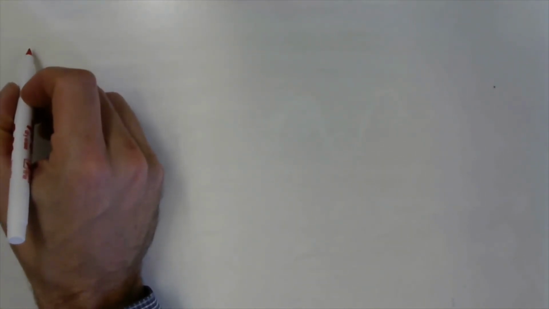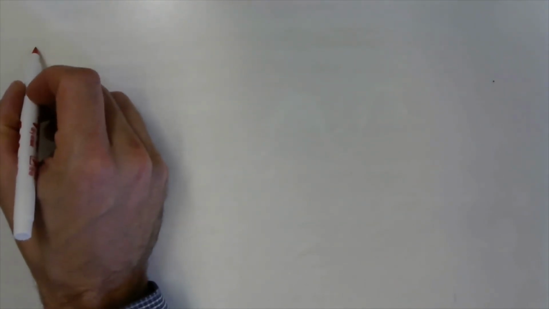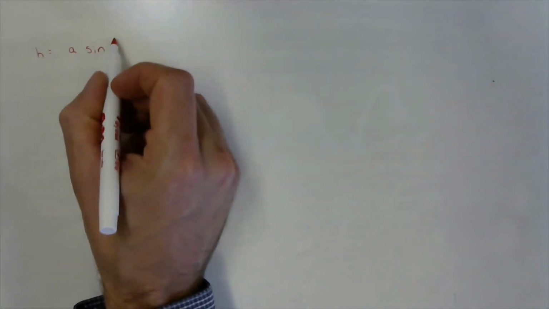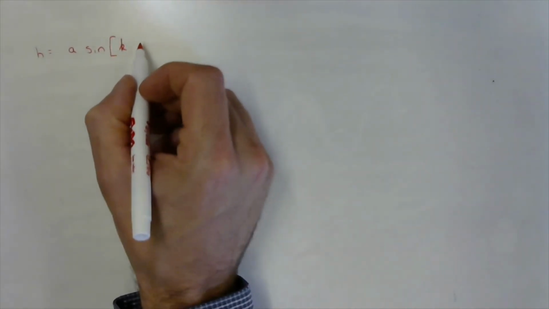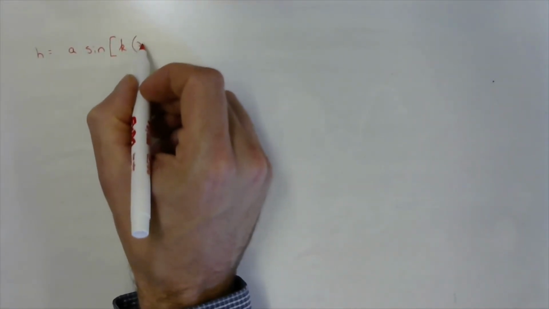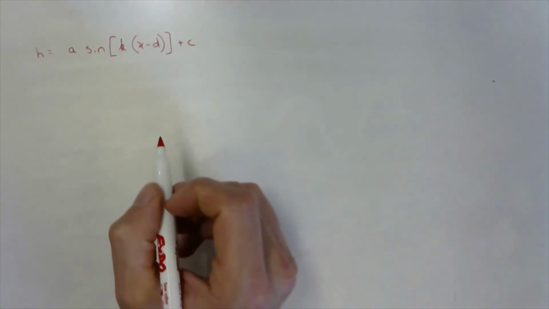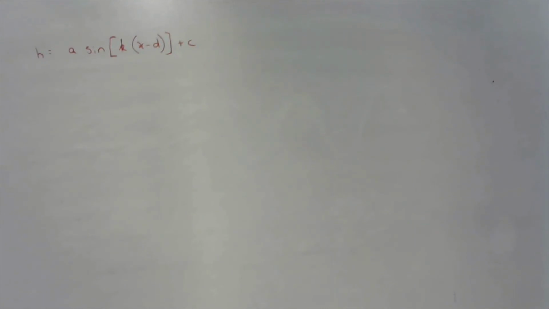Well, we're going to model using the form h equals a times the sine of k(x minus d) plus c. We are told that the maximum height above the ground is 7.5.